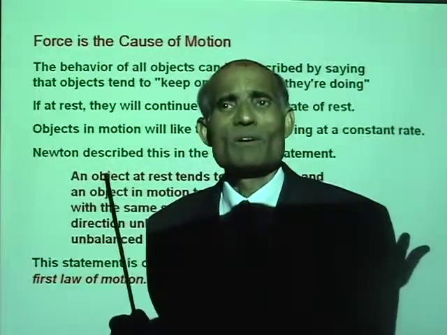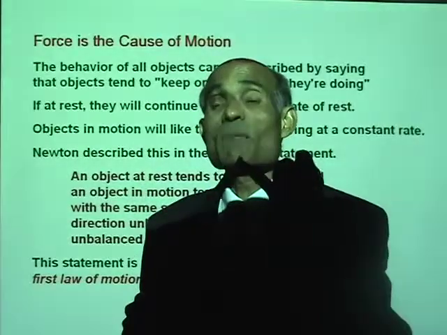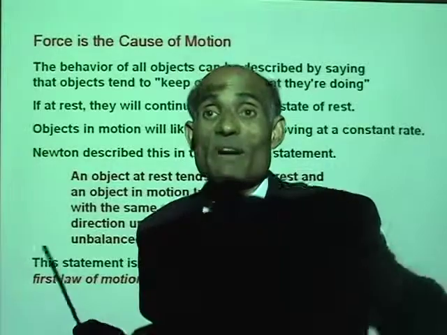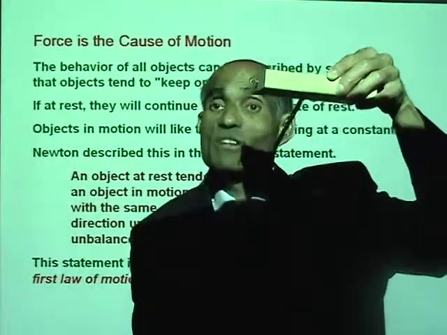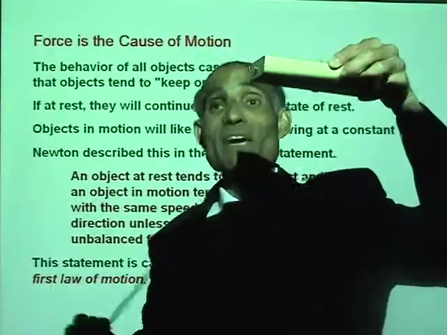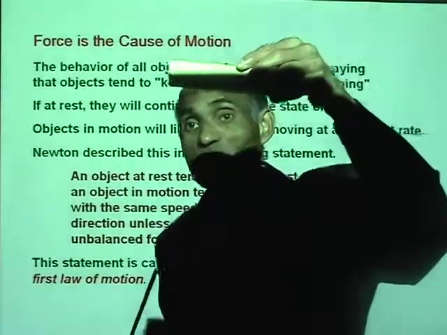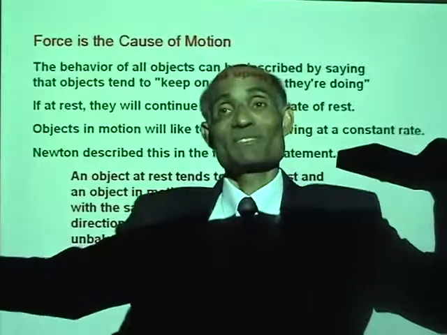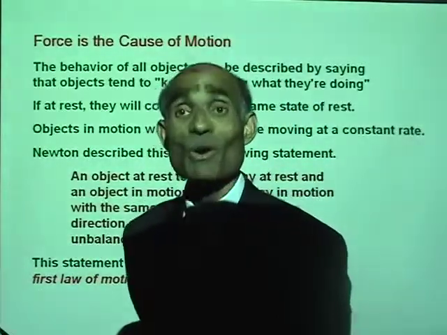It's very simple. You could tell me, if an unbalanced force does not act on an object, if an object is at rest, it will keep on being at rest. If an object is in motion, it will keep on being in motion. That is the first law of motion.